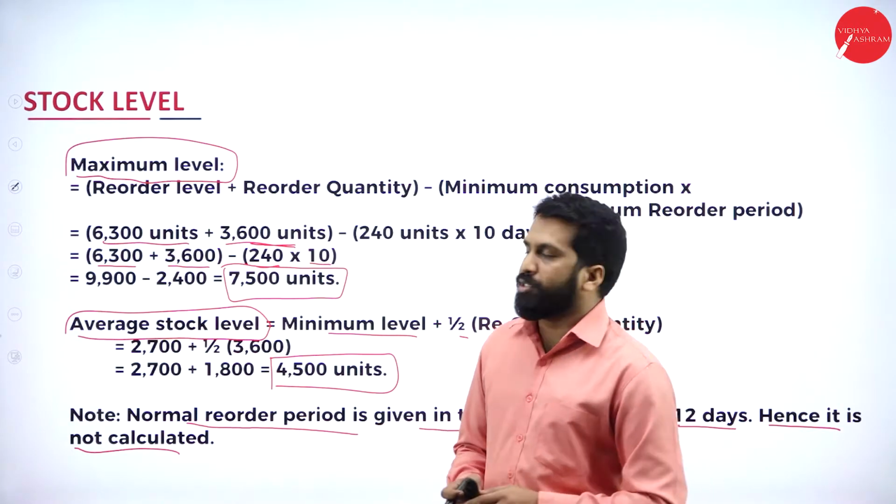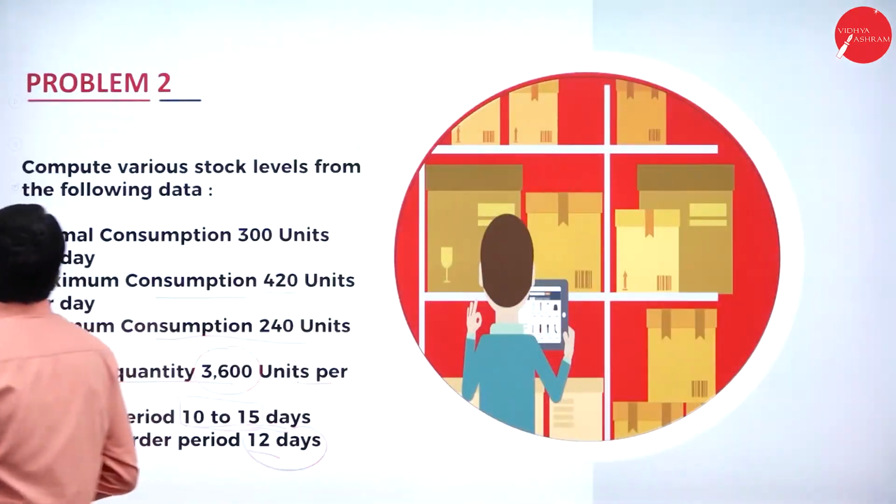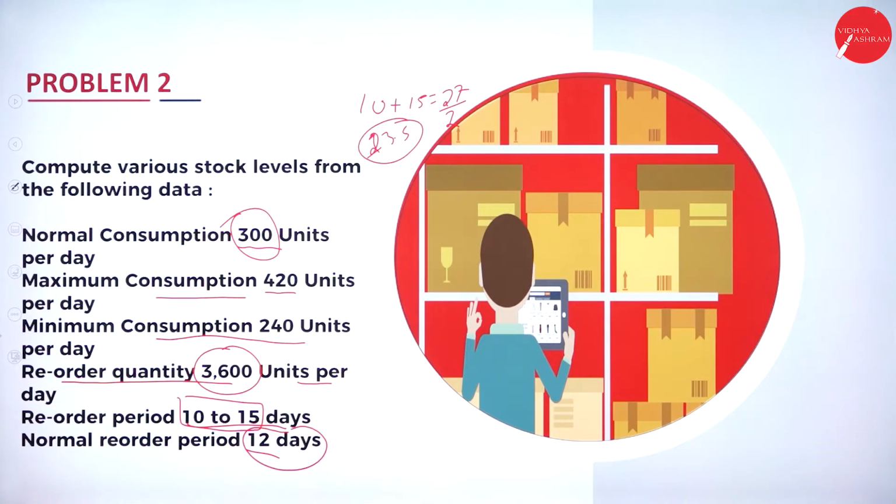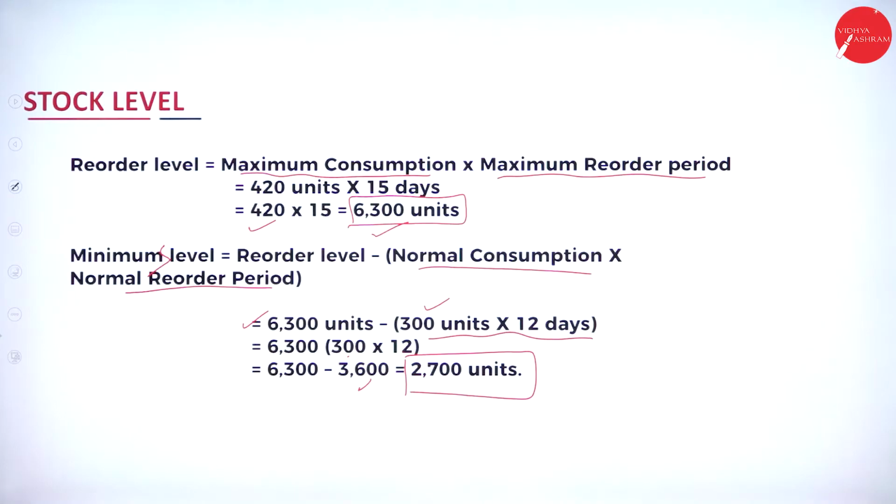You can take a screenshot. So this will be your problem number 2. In this, you are supposed to prepare normal, maximum, minimum, as well as reorder period. Always go with reorder period first. Later, you can go for normal, maximum, as well as minimum. So these are the stock levels you need to remember.